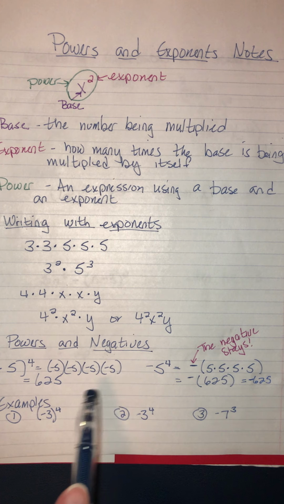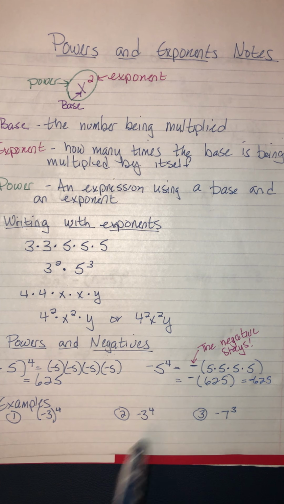So it's really important when you see this number, the negative stays. It is not part of the base being multiplied. Okay? All right. So I have these 3 examples here that I would like you to try. When you finish, come on back.